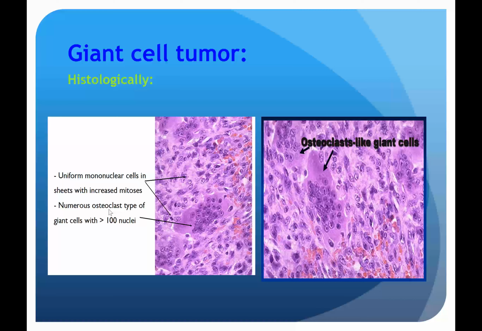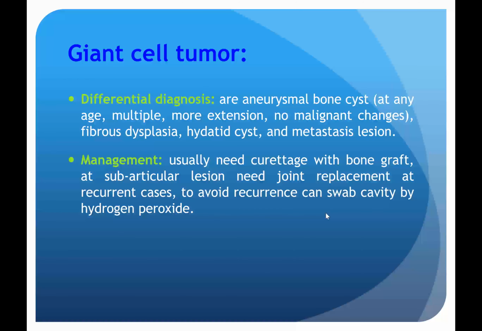Microscopically, the tumor is characterized by the presence of oval mononuclear cells growing in sheets mixed with osteoclastic giant cells. These osteoclast-like giant cells with multiple nuclei are pathognomonic for the diagnosis of giant cell tumor. Differential diagnosis: aneurysmal bone cyst, hydatid cyst, any cyst, metastasis.